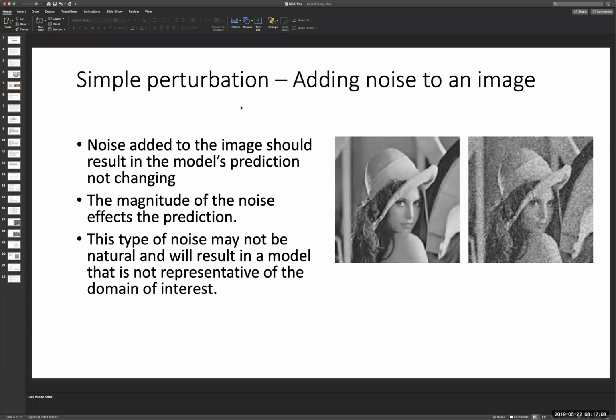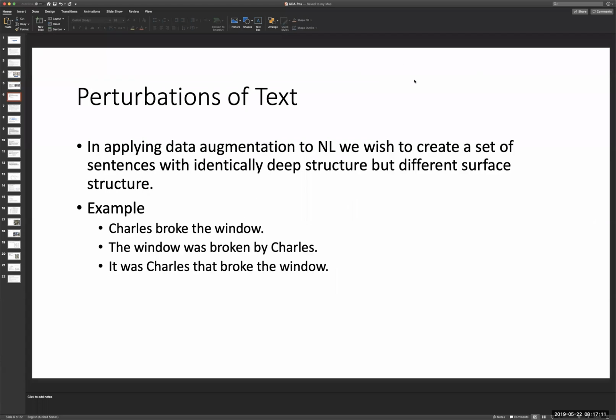So another thing that we can do, if the domain is not vision, the other domain that we're going to talk about is natural language. So then the input to the model is text strings, typically.